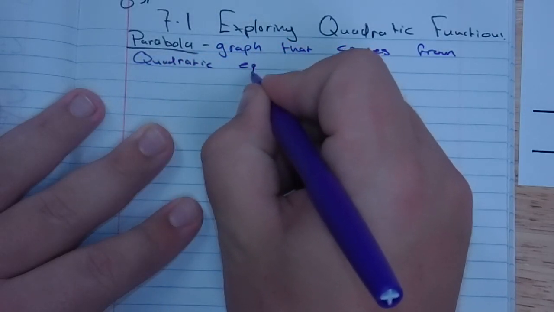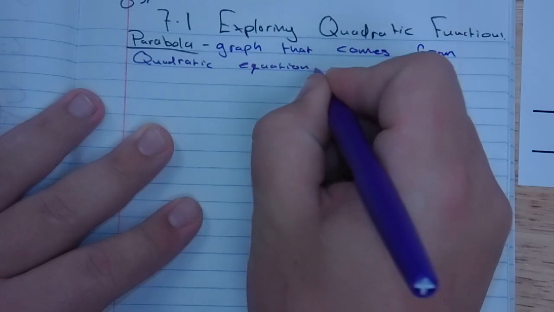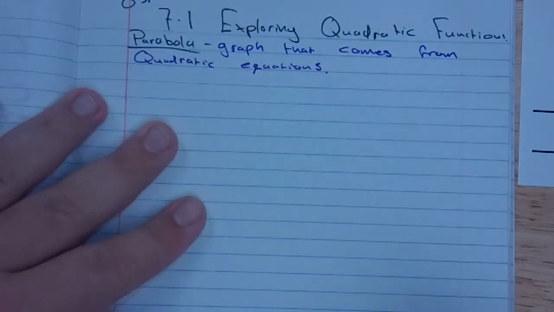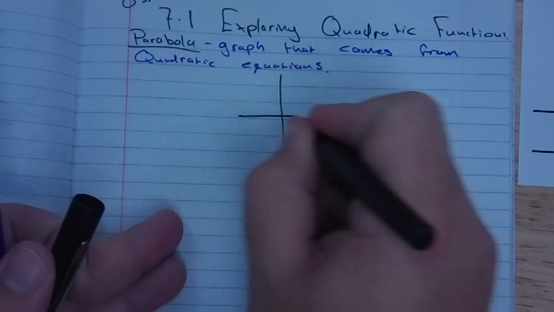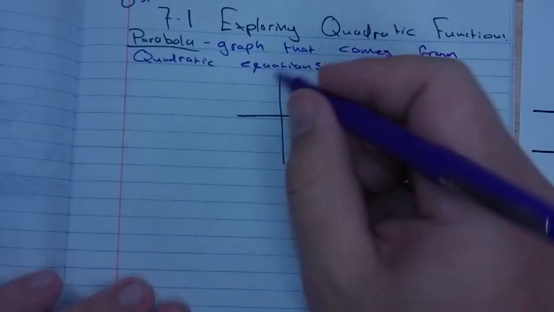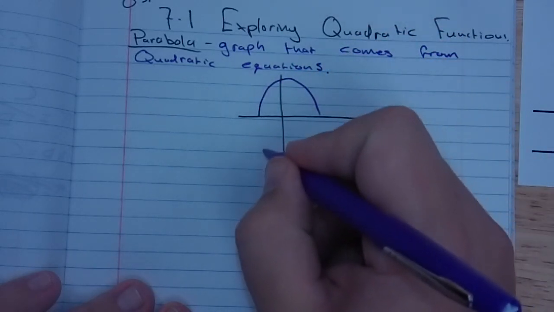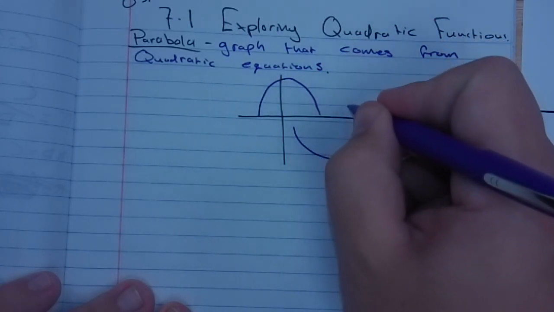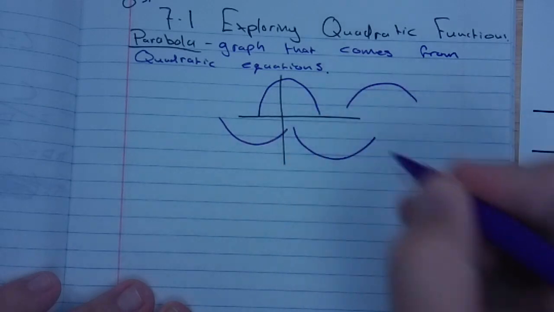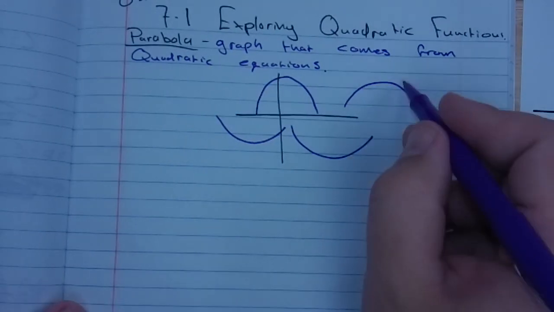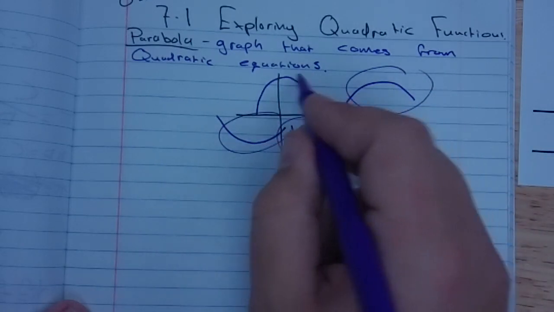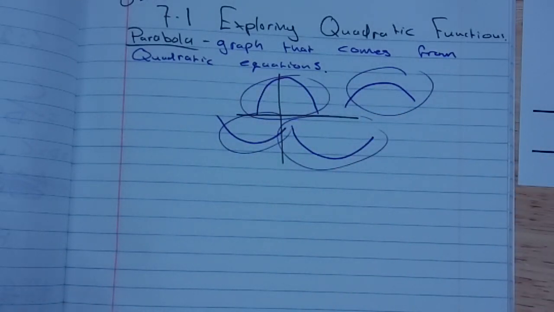Alright, so if we're looking at what it is, a parabola is something like this. Each one is a different parabola. This is one, this is one, this is one, this is one. All it is, it's a right side up U or upside down U shape on the graph.